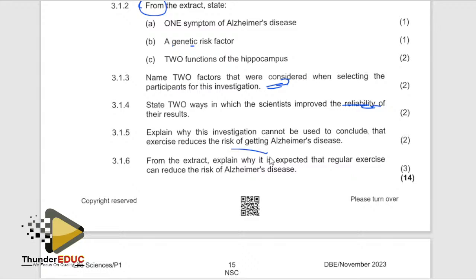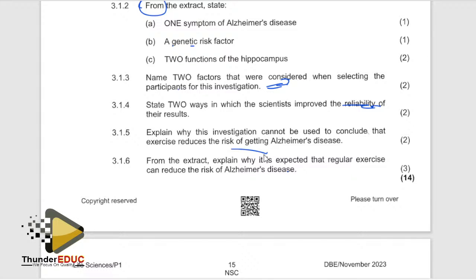Yes. Then they're saying, 3.1.6, from the extract, explain why it is expected that regular exercise can reduce the risk of Alzheimer's disease. So basically here, it's because it can reduce the risk of Alzheimer's disease, because you see the risk, not that it prevents. No, we can't conclude that it prevents.